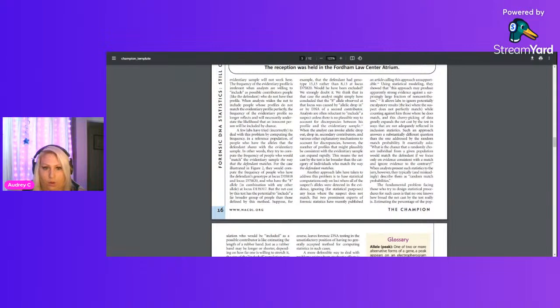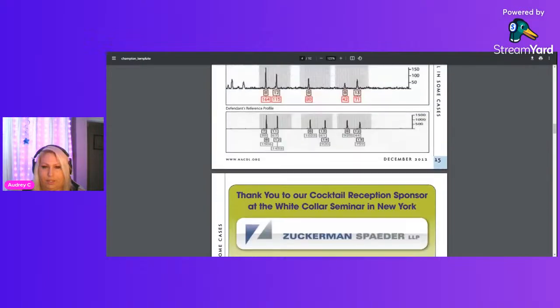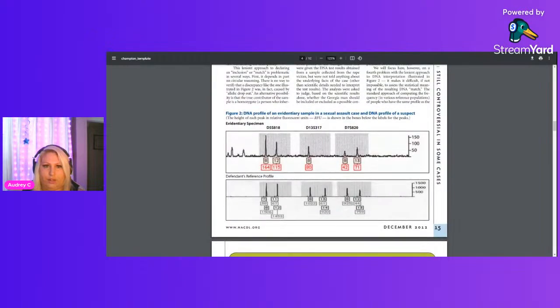Let's see if we can go up to see their Figure 2 to see what they're saying here about the similarities. Here's Figure 2. So the DNA profile of an evidentiary sample in a sexual assault case and DNA profile of a suspect.